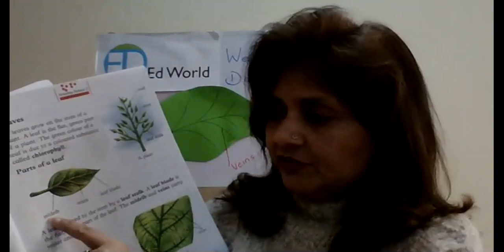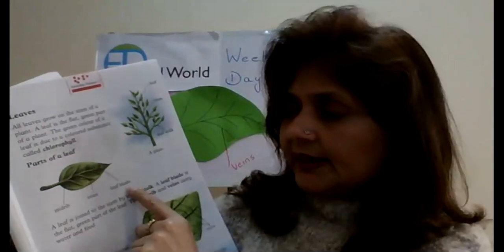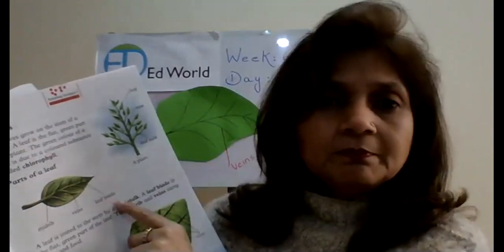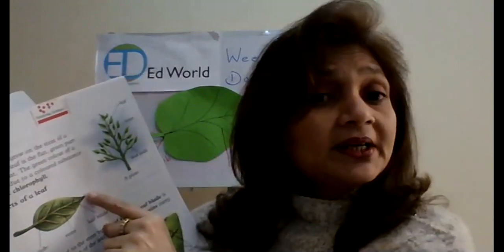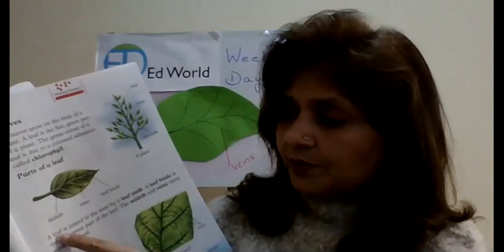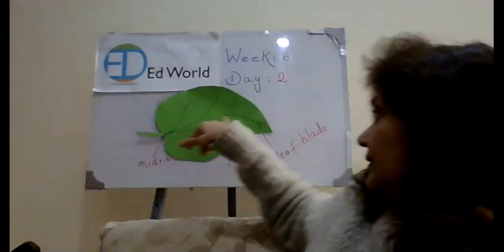It tells you the midrib, veins and the leaf blade. This is the blade and this is the tip which you saw in the picture, right? So now this tells you about the different parts. A leaf is joined to the stem by a leaf stalk. A leaf blade is the flat part of the leaf. Now this is the leaf blade.